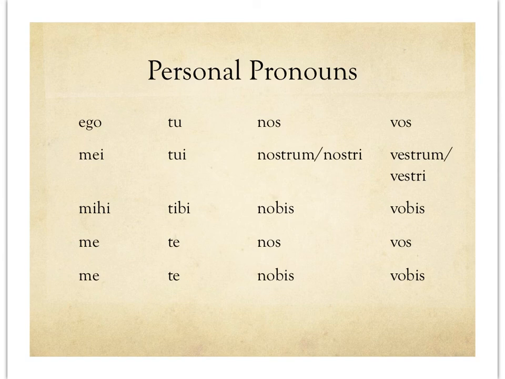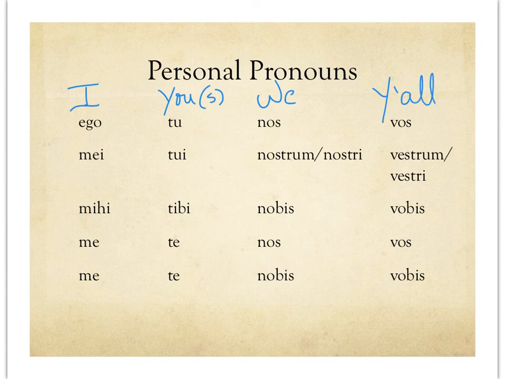Just as is, ea, id often mean he, she, it, those are what we call personal pronouns. We also, it's probably a good time to learn our other personal pronouns, although we have been using these off and on quite a bit for a long time. So I and you, singular, we and y'all, the you plural, look like this.